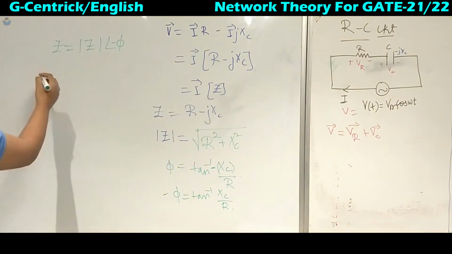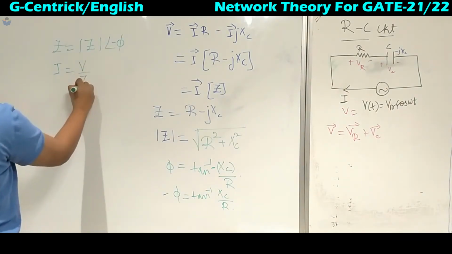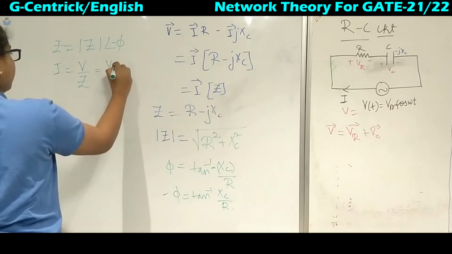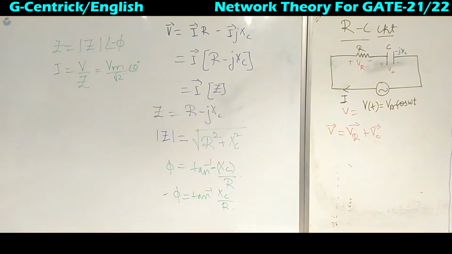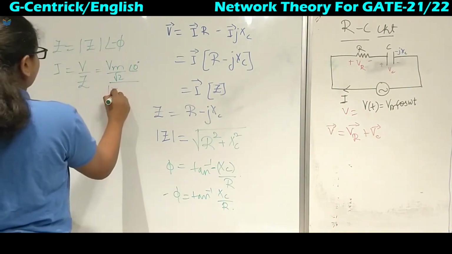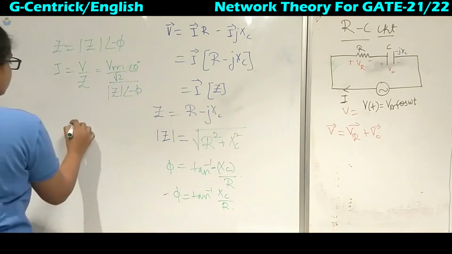Now to calculate the current, it is V upon Z. V angle is Vm by root 2, and since it is cos, the angle will be 0 degrees. Z is mod Z angle minus phi.